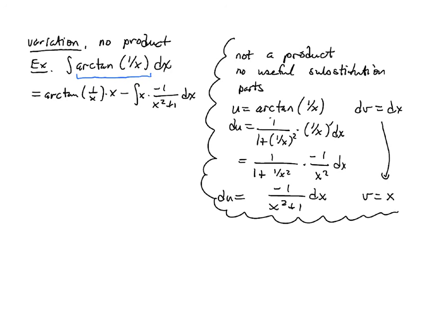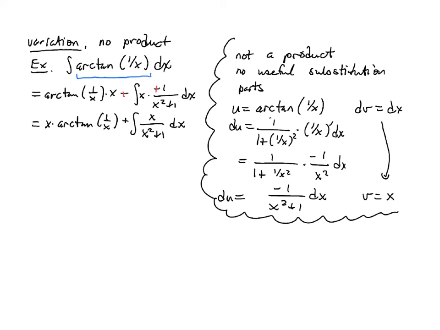We'll simplify a little bit. So I have x times arctan 1 over x minus, well, let's cancel those two minus signs, so we end up with plus the antiderivative of x over x squared plus 1 dx.